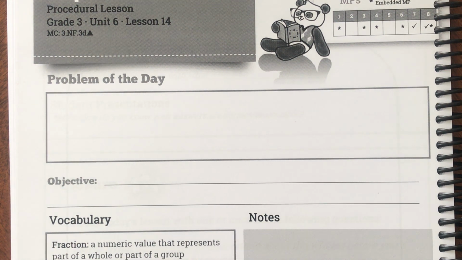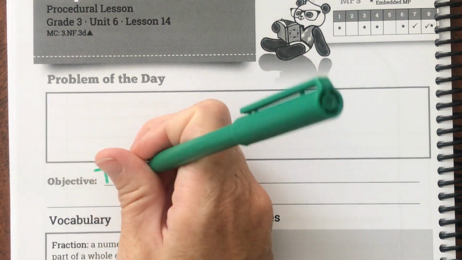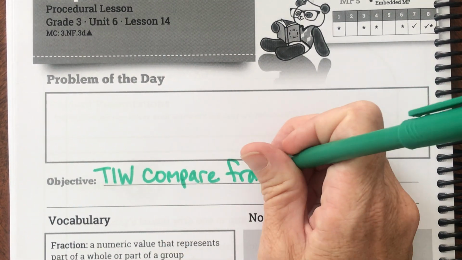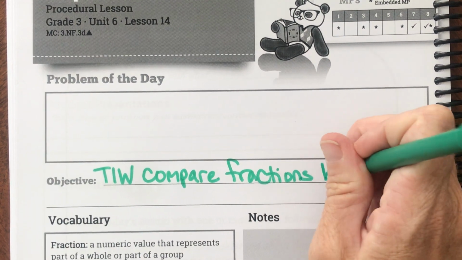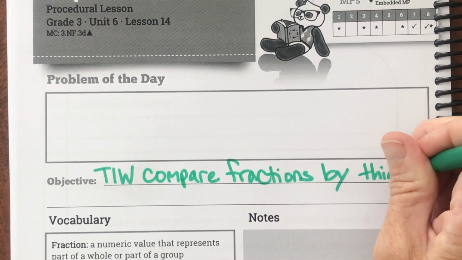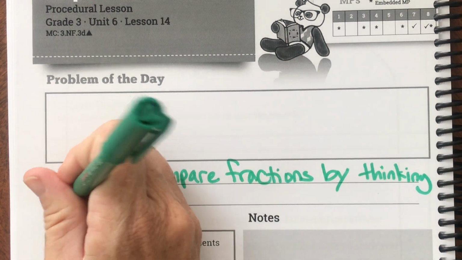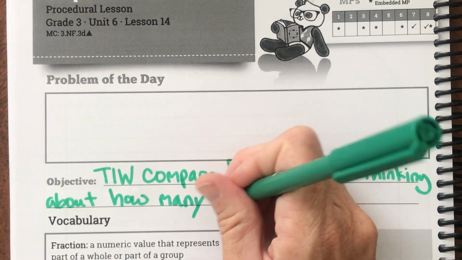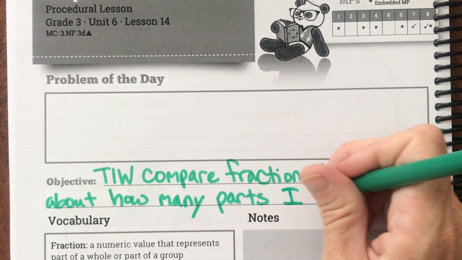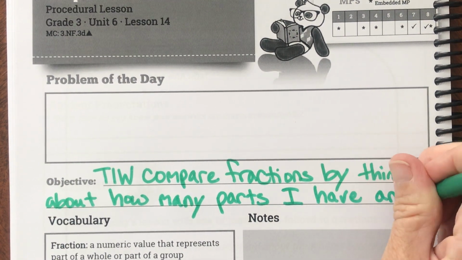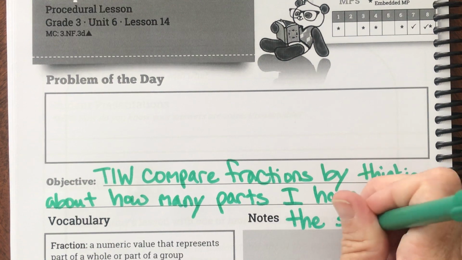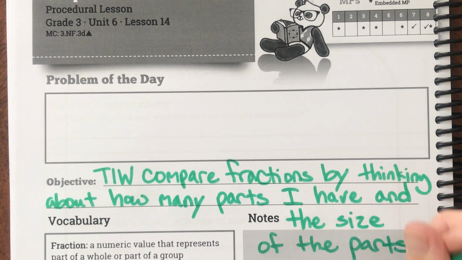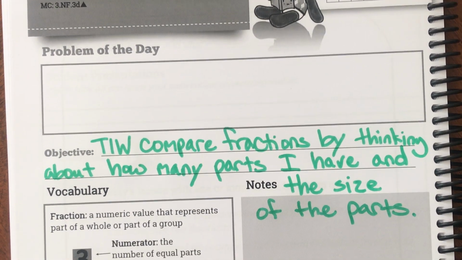And our objective or our goal today is: today I will compare fractions by thinking about how many parts I have and the size of the parts. That's a really long goal or objective for today.